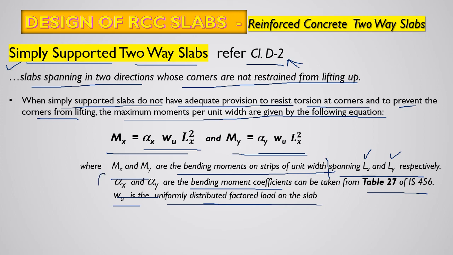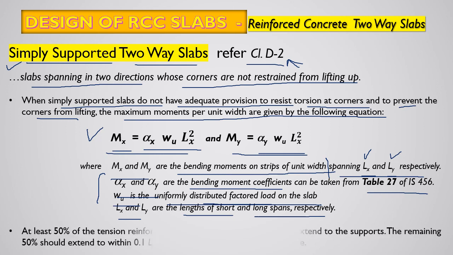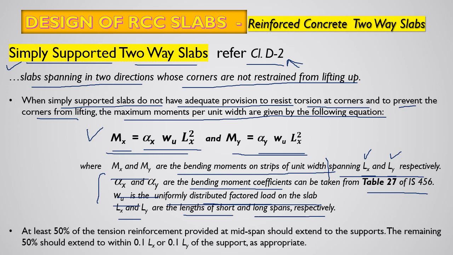So based on the information available, and Lx and Ly, as already told, that Lx is the length of the short span and Ly is the length of the longer span. So by putting all this information, by getting alpha x and alpha y from Table 27, we can work out what is the bending moment along shorter span and bending moment along longer span.